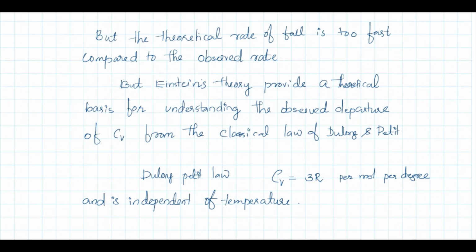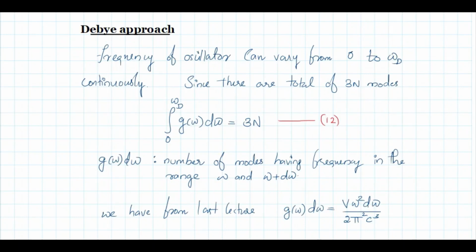But experimentally it was observed that the specific heat capacity decreases as temperature decreases. Einstein's theory succeeded in explaining the decrease, but the rate of decrease was very fast. So Debye made a modification, and now we will discuss the Debye approach.